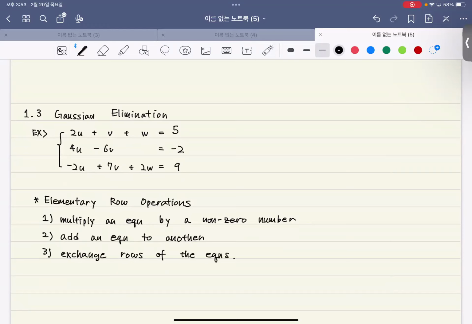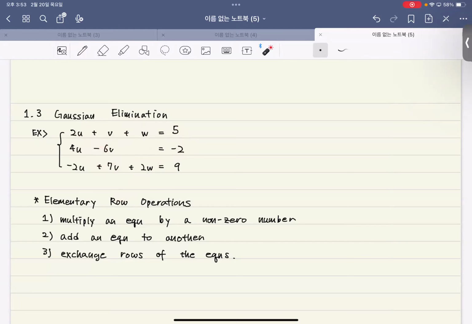These operations can be applied to any given system. Each of these equations is a row, and I can multiply it by any non-zero number, add one equation to another, and exchange the order of the rows.